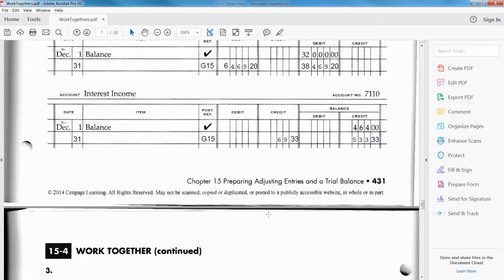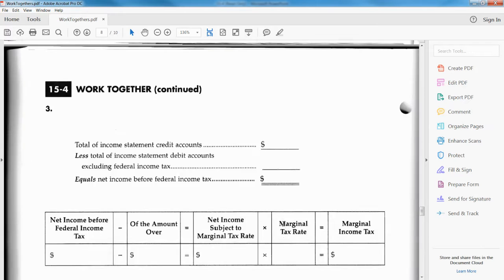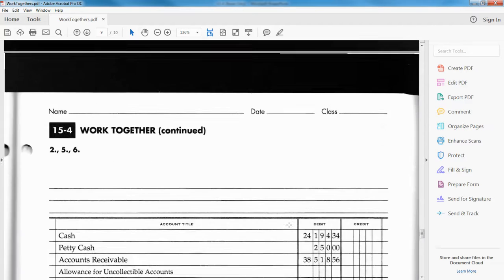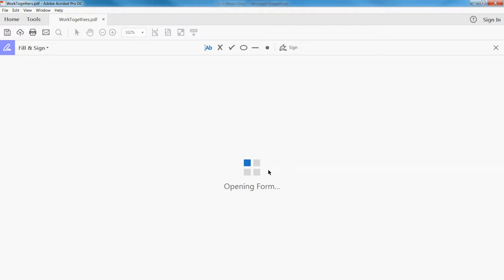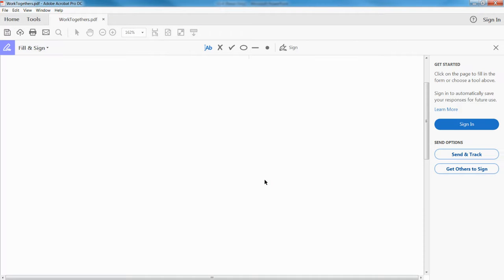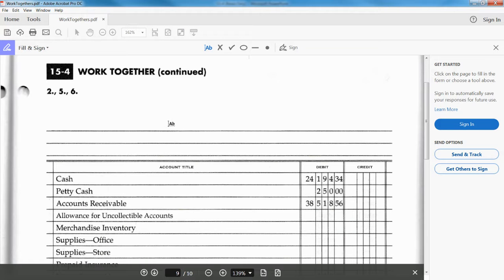And then it says to record all of the account balances except for federal income tax expense on an adjusted trial balance. So here is our adjusted trial balance, and we need our who, what, and when. So the who is Southside Electronics.